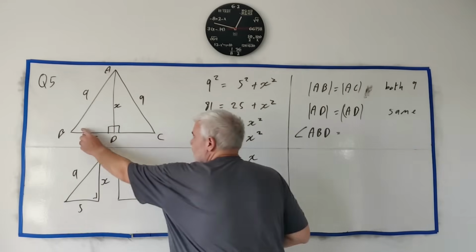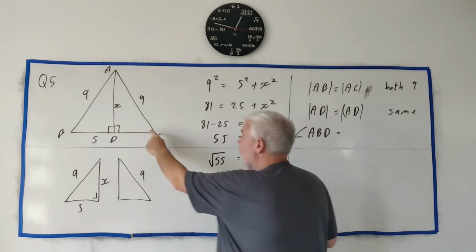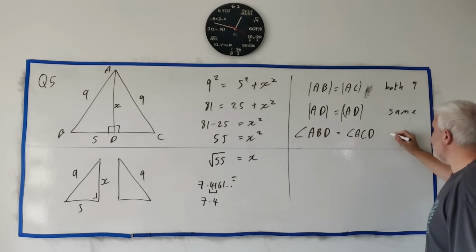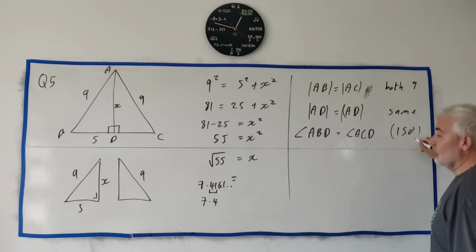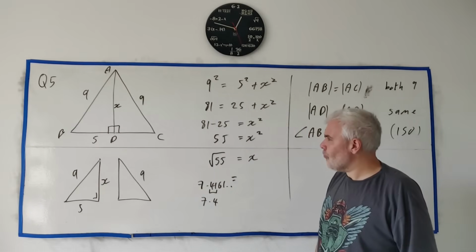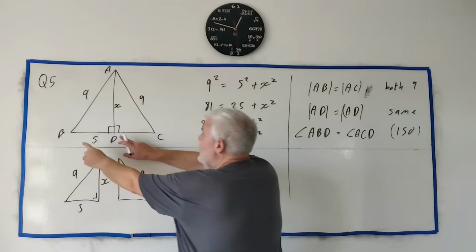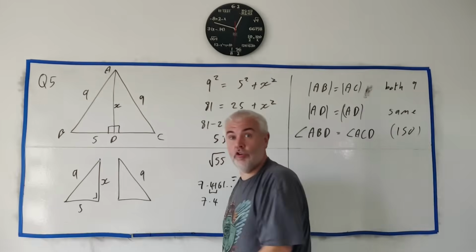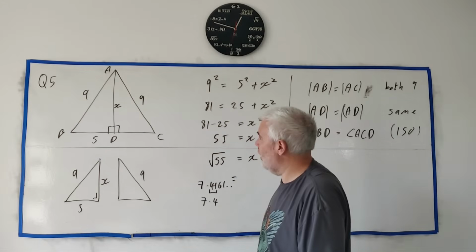This angle in here must equal this angle here, the angle ACD. And why is that? It's because they're isosceles triangles. And that's three things. You could also say that the length BD is equal to the length BC, and that's true because they're an isosceles triangle as well.